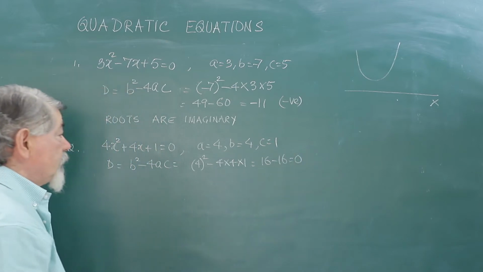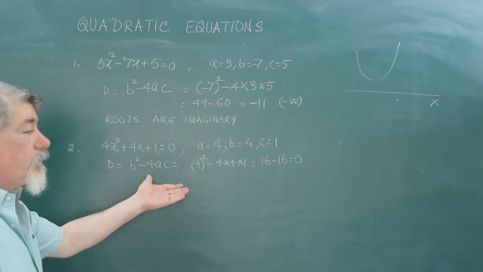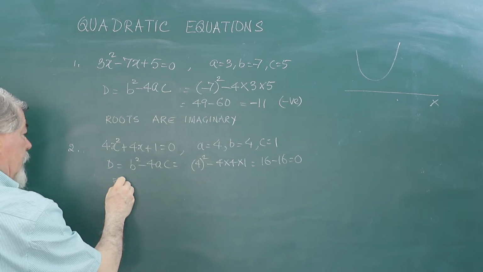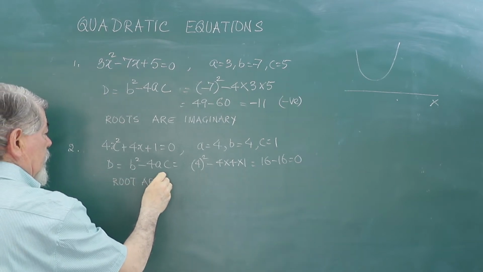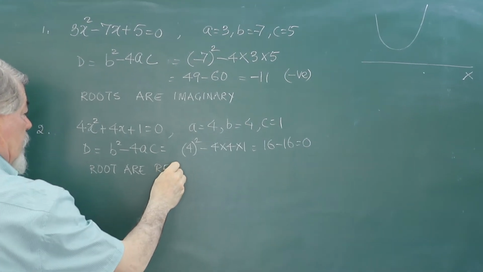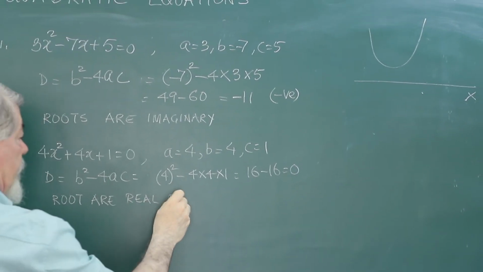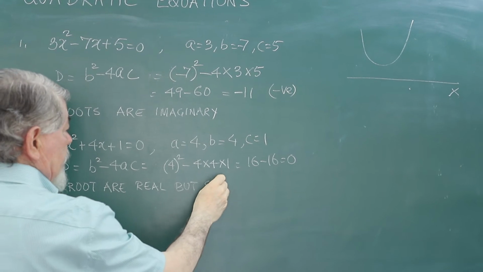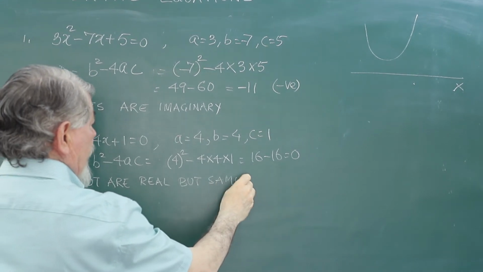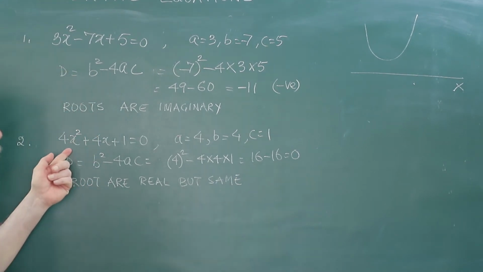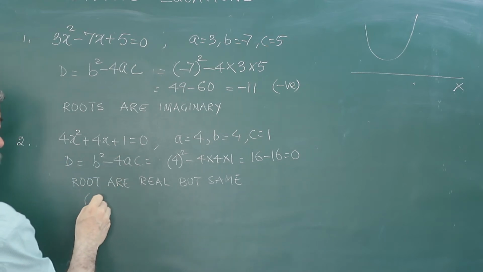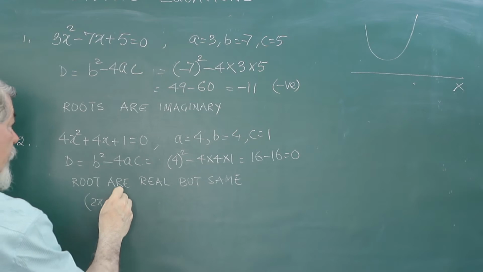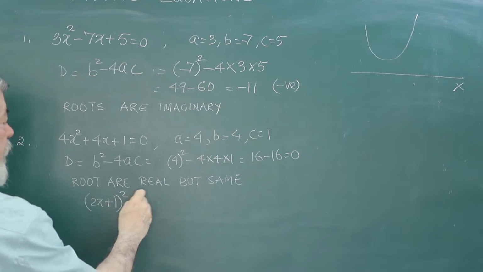So that means the roots are real, but same. I'll tell you why it is so. 4x square plus 4x plus 1 is a square of 2x plus 1, whole square is equal to 0.